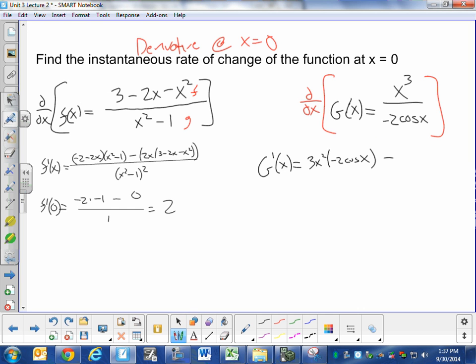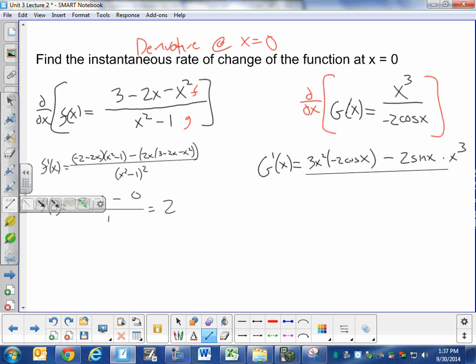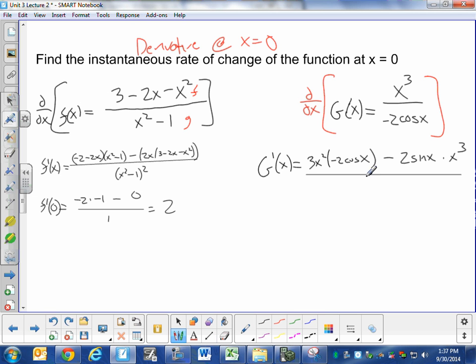Minus the derivative of the bottom. The derivative of -2 cos x would be +2 sine x times the top, all over the bottom squared. Now, it's important to put everything in the bottom in parentheses when you square it.